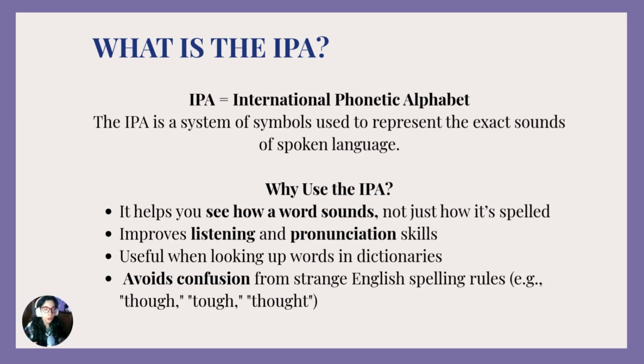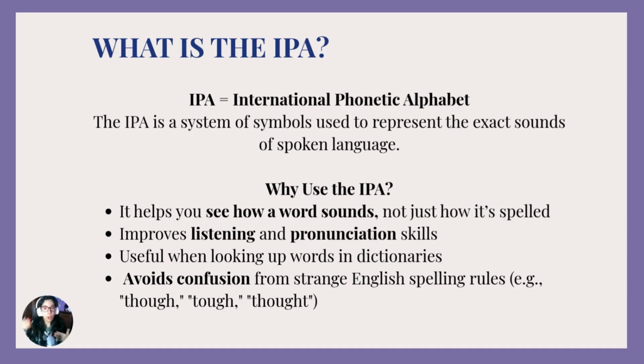It's also very useful when we look up words in dictionaries, the physical ones or the applications we have on the phone. We usually use them when we want to know the meaning of a specific word.